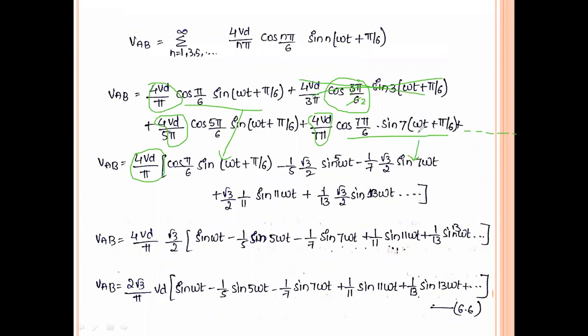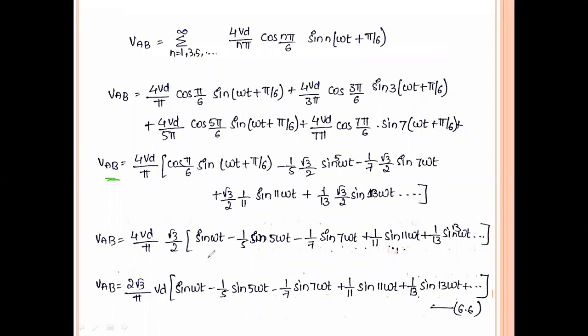So after simplifying all these terms, we will get this equation where 4 into Vd by pi is a common value, and the first term, third term will be cancelled out. So we'll have the fifth term, and the ninth term will be cancelled out, and the 11th, 13th, and 15th term will be cancelled out like that. Okay, so this equation is again simplified.